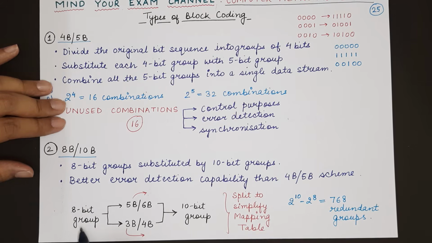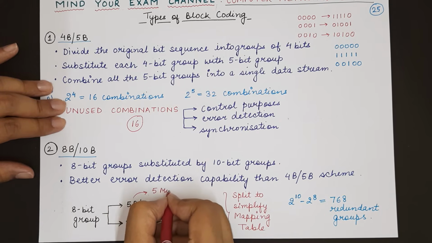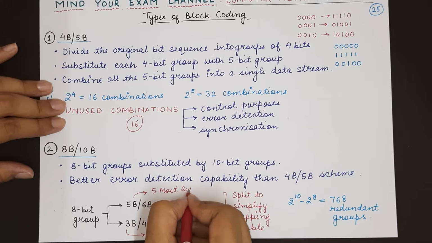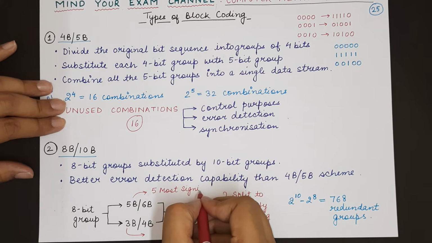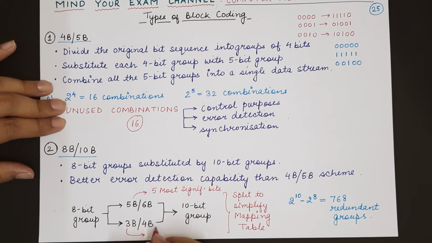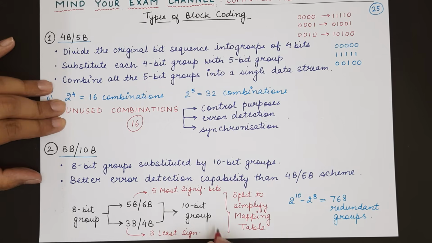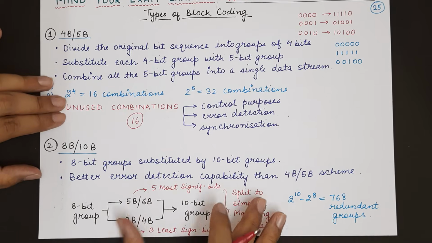Okay, so basically in 8-bit 10-bit block coding, when you have an 8-bit group of bits, the 5 most significant bits are separated, and the 3 remaining, the least significant bits, are separated. Now separately, block coding is applied on each of these groups.